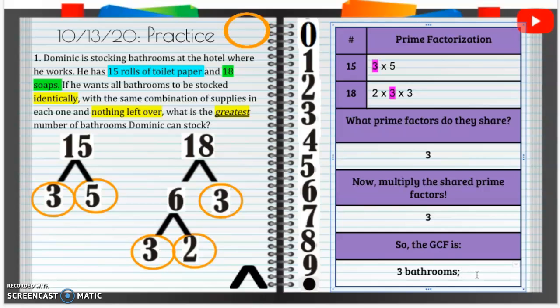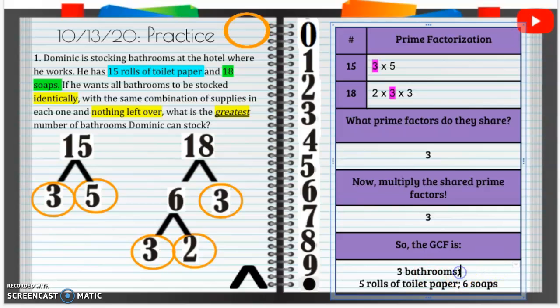So 15 rolls of toilet paper, he's dividing that into 3 bathrooms. 15 divided by 3 is going to be 5. So 5 rolls of toilet paper. And then, what else do you think he's going to have? So 18 soaps. Well, if we divide 18 soaps by those 3 bathrooms, we get 6 soaps.